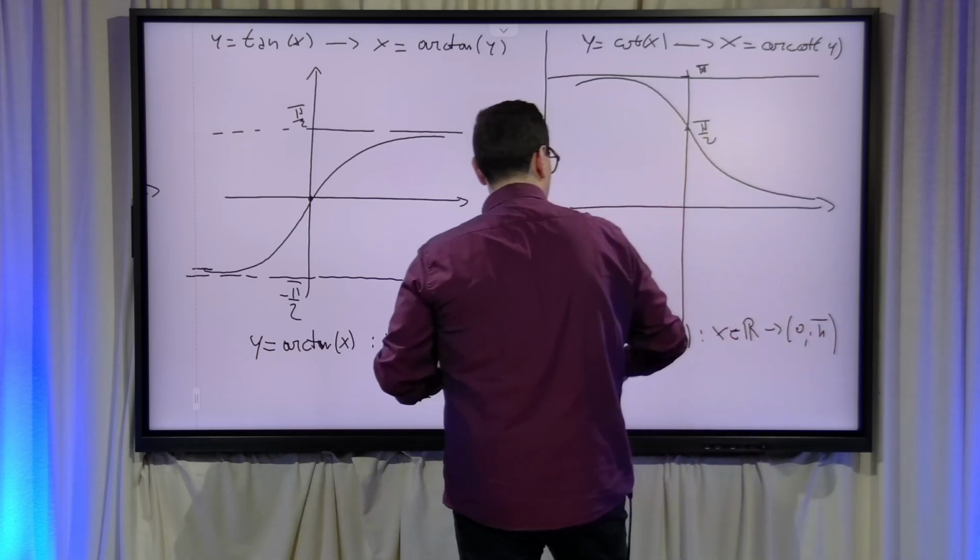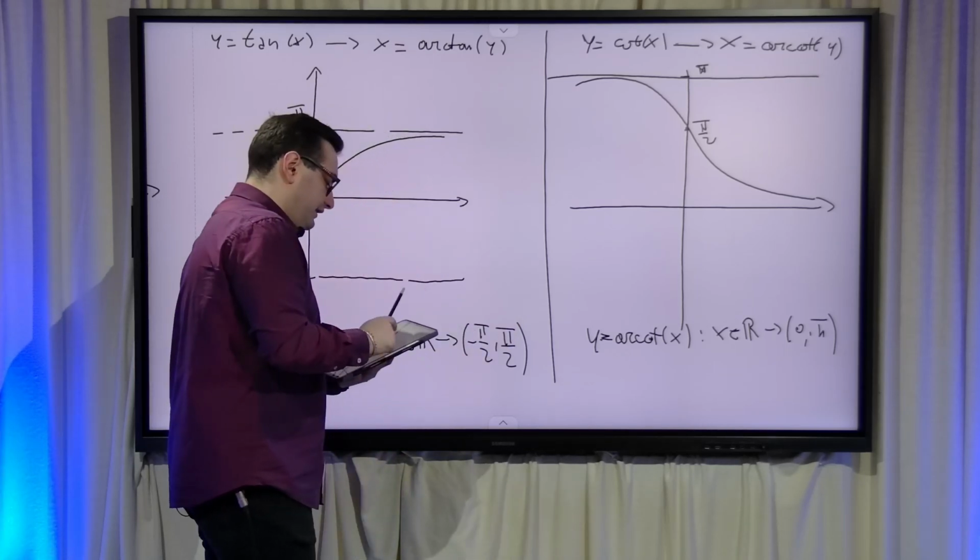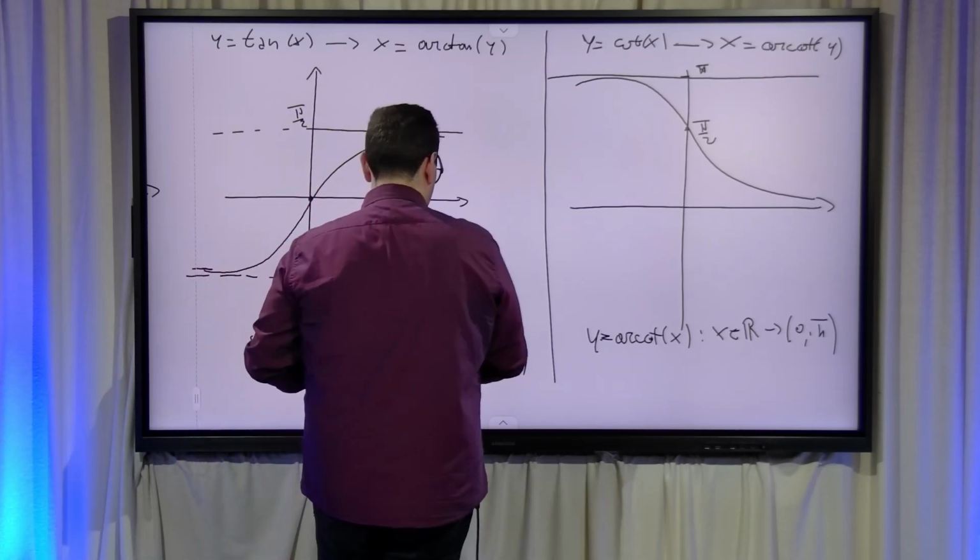So both the arctangent and the arccotangent have the domain in R.